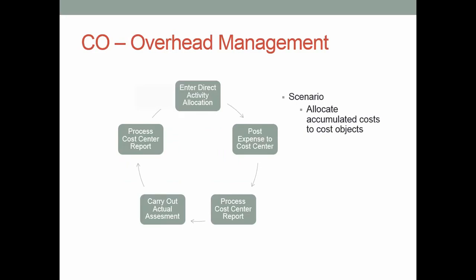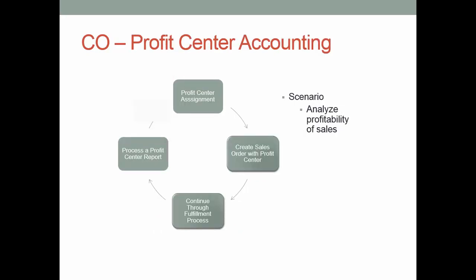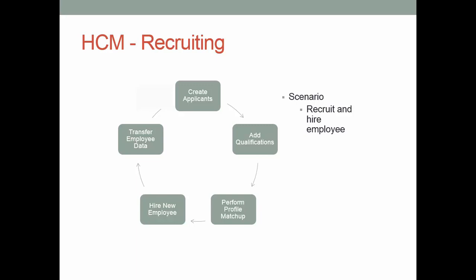Overhead cost accounting looks at the everyday cost accounting. Internal orders, same concept. It's looking at how orders are managed internally within the organization. Profit center accounting analyzes the profitability of different sales that they make. The recruiting side looks at hiring and recruiting employees for the organization.